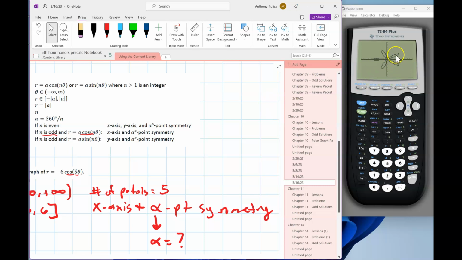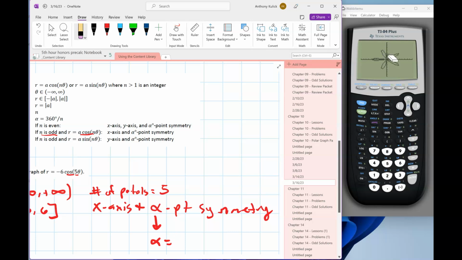Well, clearly, if I spin this 360 degrees, I get the same thing I started with, right? So how much of 360 is it going to be from this petal to that petal? Should be 1/5, because there's 5 petals, right?